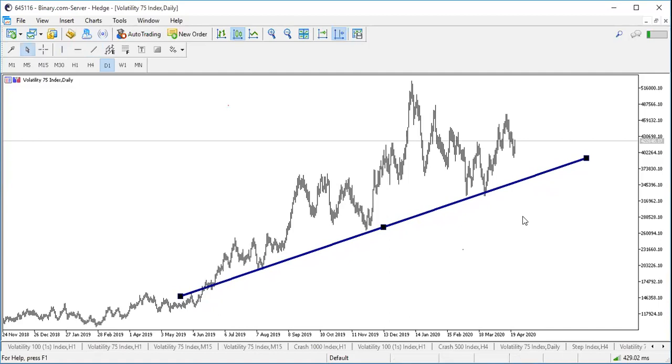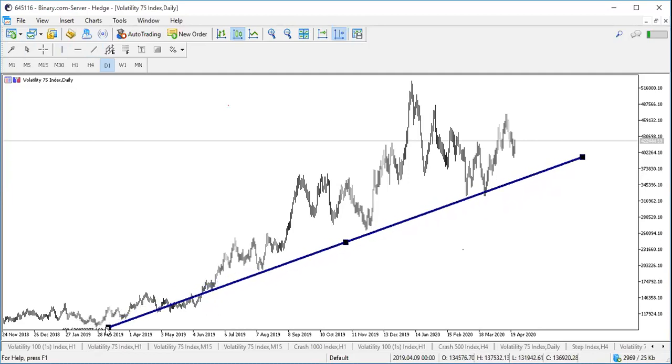So I'm going to be identifying these lows. I have this low, first hit, second hit, third hit, as you can see here. We have this rejection 1, rejection 2, break, retest, rejection 3, rejection 4, rejection 5, rejection 6, okay?